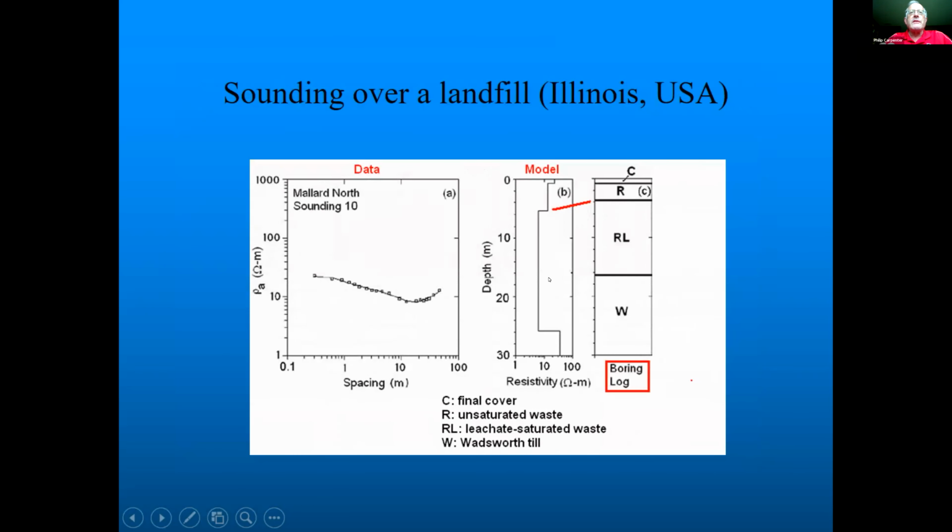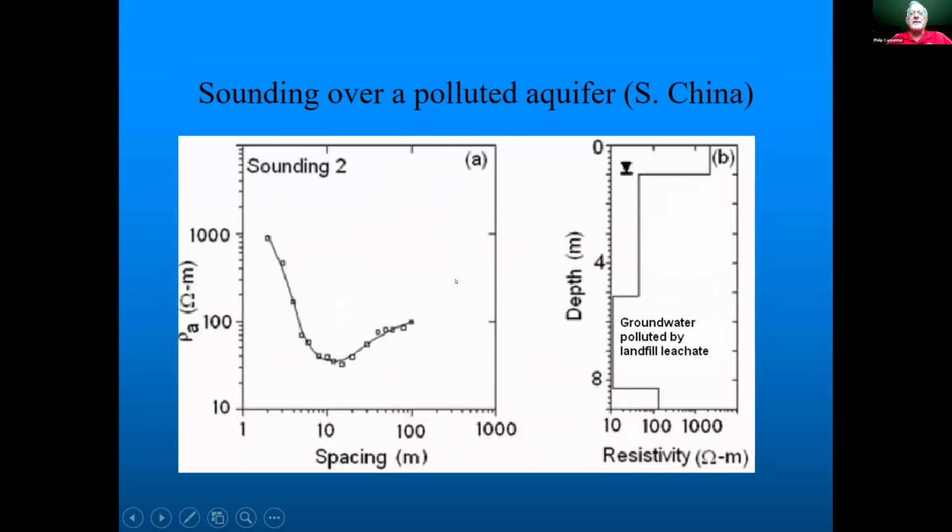Let's go back. Okay. The only way you can really explain that lower resistivity, that's 10 ohm meters, is something's polluted. Normal water is not going to be that low. So this was a village that had polluted groundwater.